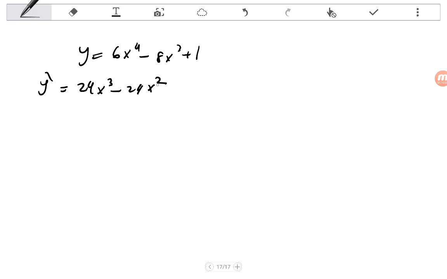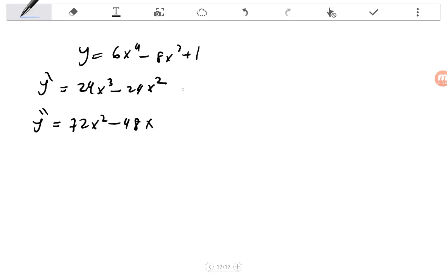So let's check the last example. If we have y is equal to 6x to the power 4 minus 8x cubed plus 1, we'll find y dash is equal to 24x cubed minus 24x squared. Y double dash is equal to 72x squared minus 48x.